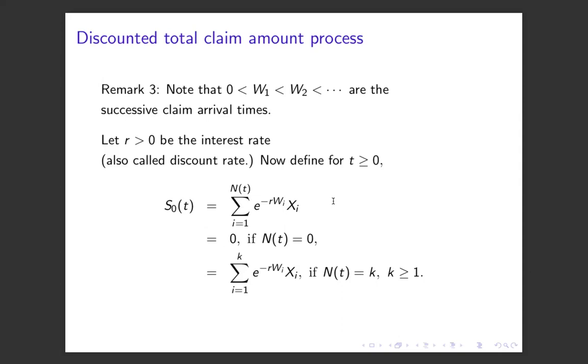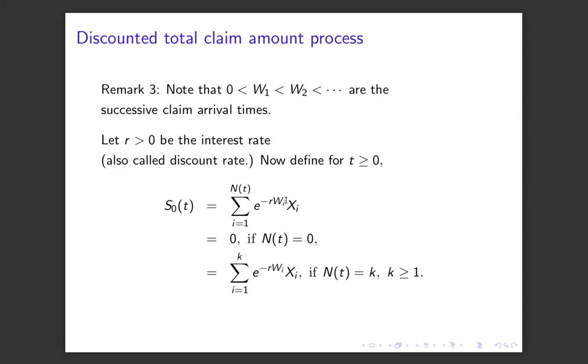So this is the amount. In other words, we are also assuming that any claim which comes is instantaneously settled. For example, let us say up to before time t, the ith claim comes at time W_i. So W_i will be less than t.